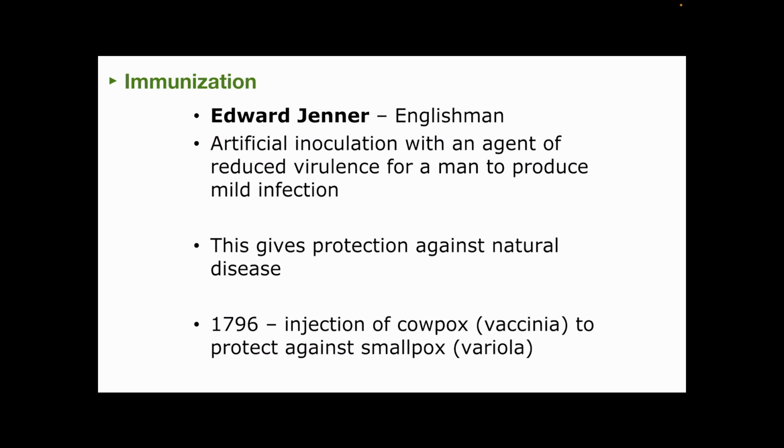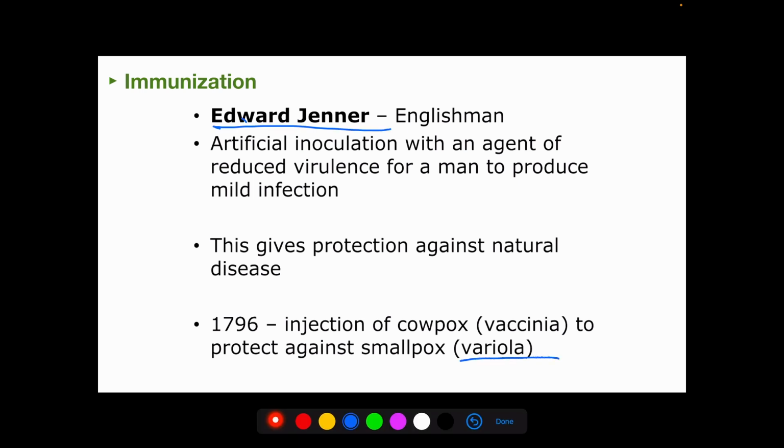And so vaccination against smallpox eventually led the World Health Organization to declare the world smallpox free in 1980 and stop vaccinating against it worldwide. And so the injection of cowpox, which was vaccinia, was given to protect against the smallpox, which is also known as variola.